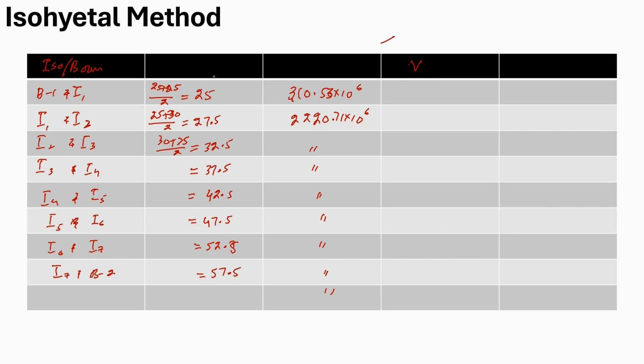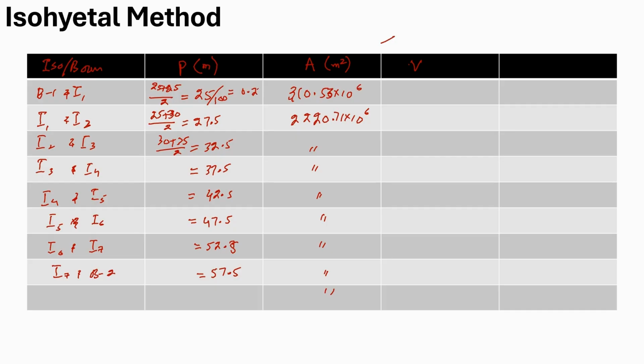Volume is basically this precipitation times this area, because this is the area and this is precipitation. But first of all, you have to convert the precipitation into meters because we have converted area into meter squares. So to convert this into meters, you will simply divide centimeter by 100.